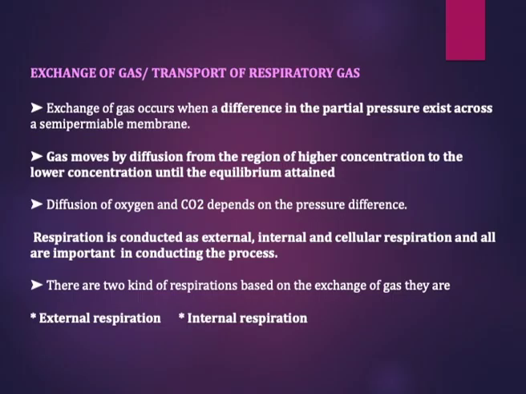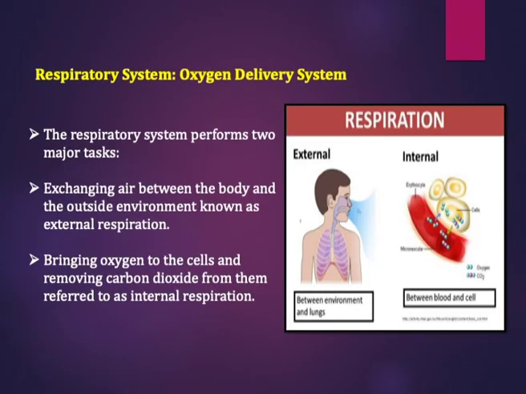So, there are mainly two kinds of respiration based on the exchange of gases: external respiration and internal respiration. The respiratory system performs two major tasks. The first is exchanging air between the body and the outside environment; as it is related to the external environment, it is called external respiration.